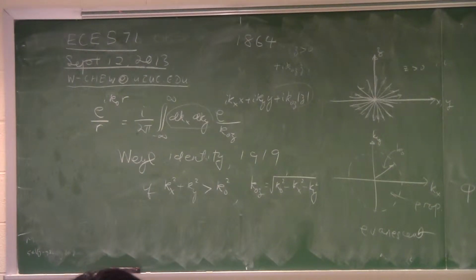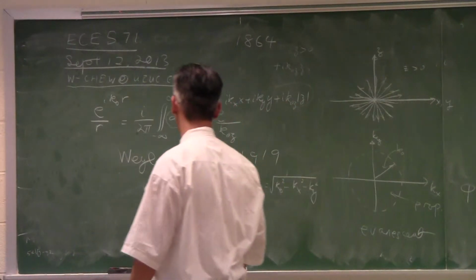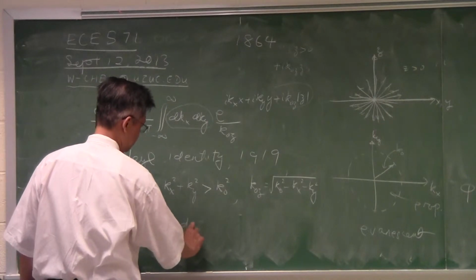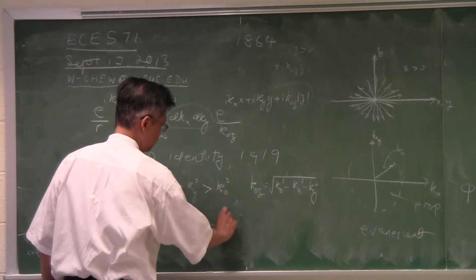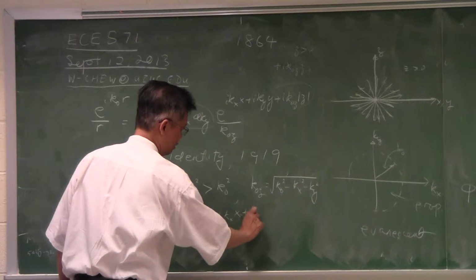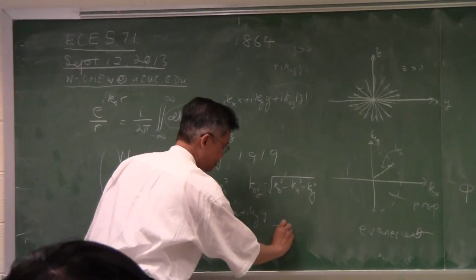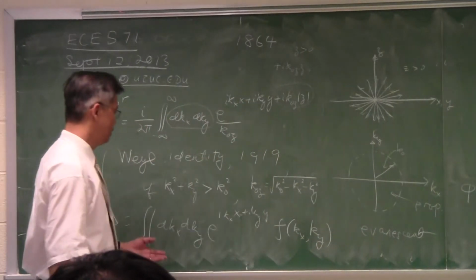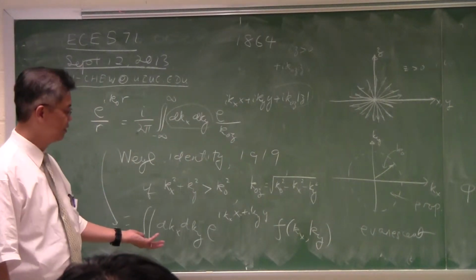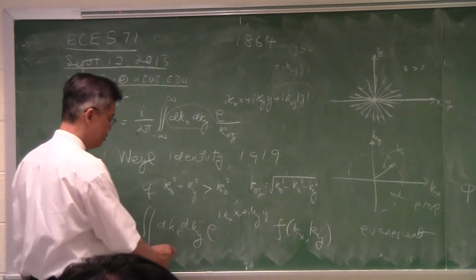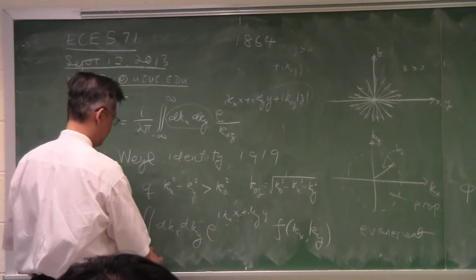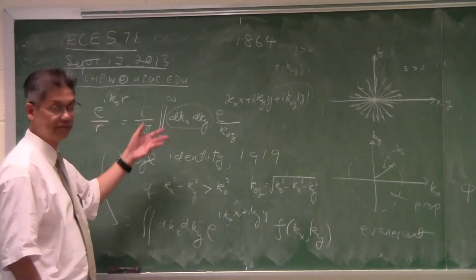Very good, right? So if you look at this as a Fourier transform integral, kx x plus ky y, this is nothing but a Fourier transform integral. What it says is that the high frequency components of this Fourier transform, when kx and ky are large, actually correspond to the evanescent spectrum of this thing.